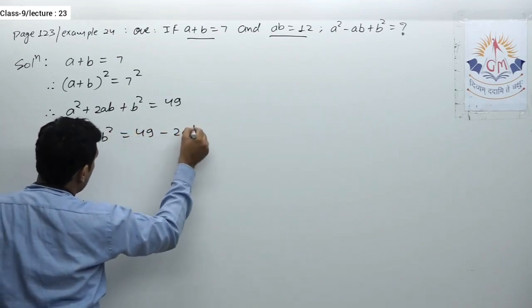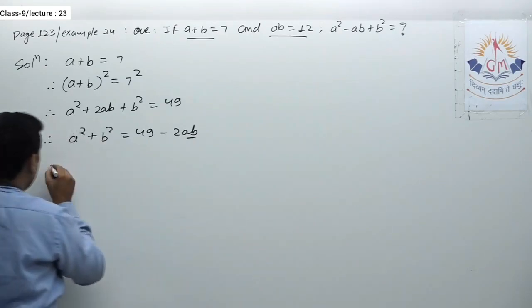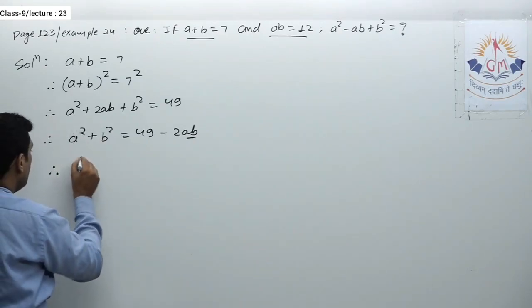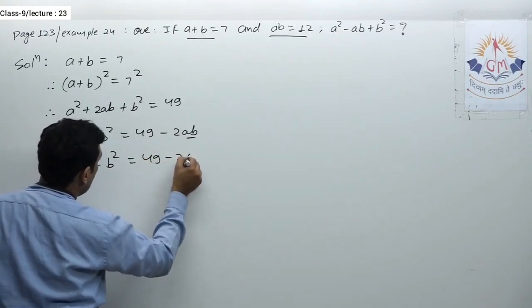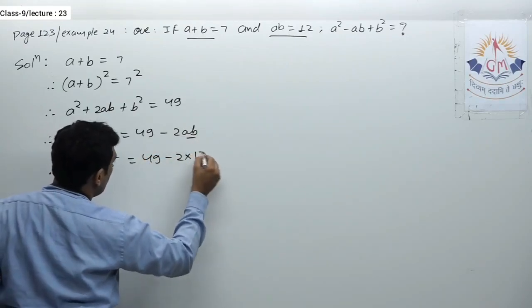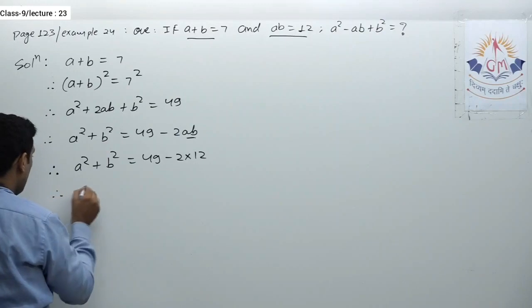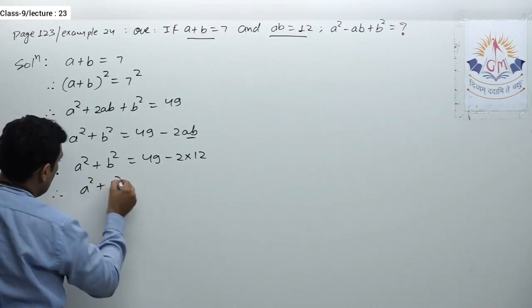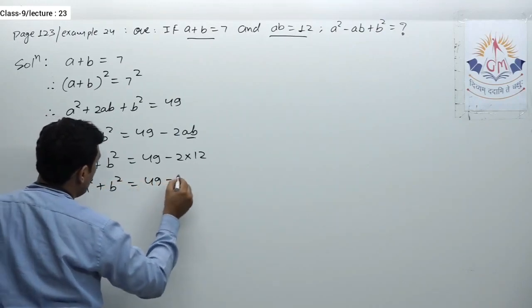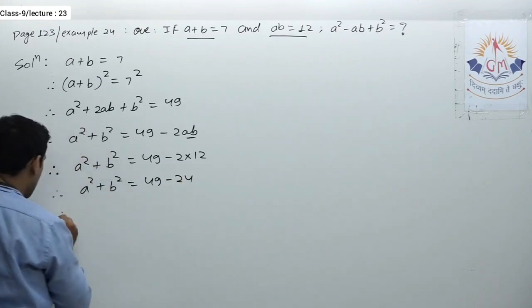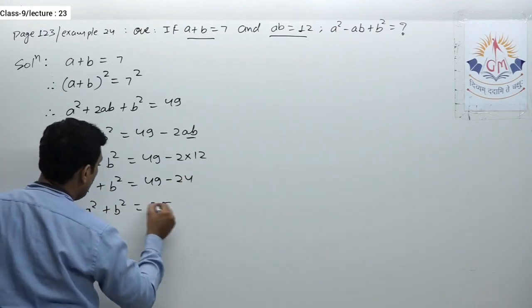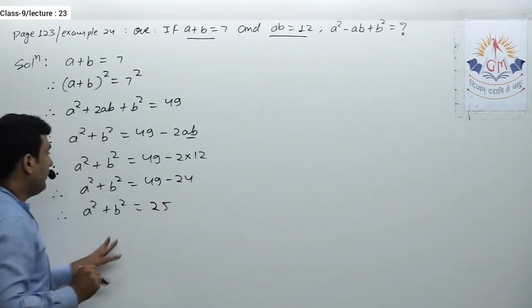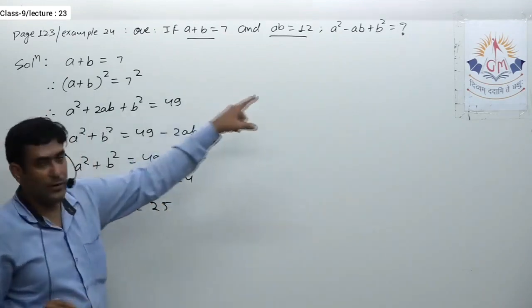Now the value of ab we have over here. So just by putting that value, 2 into ab is 12, so a square plus b square is equal to 49 minus 24. So a square plus b square is equal to 25. Okay, so I have a square plus b square as well as ab.